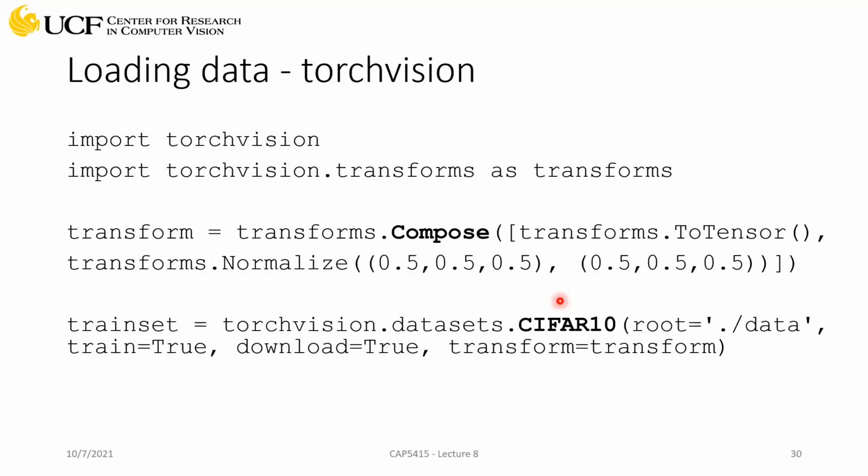The second thing is you have to define your data set. This is the way you define your training set. And this is CIFAR10, which is provided by PyTorch. This is a well-known data set for image classification. It is CIFAR10 because there are 10 different classes. It's just the name of that data set.